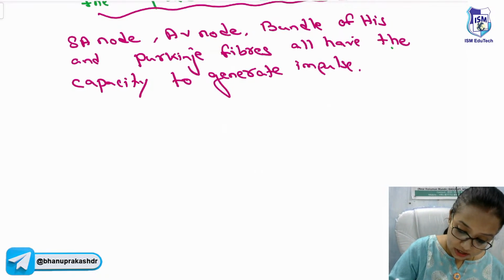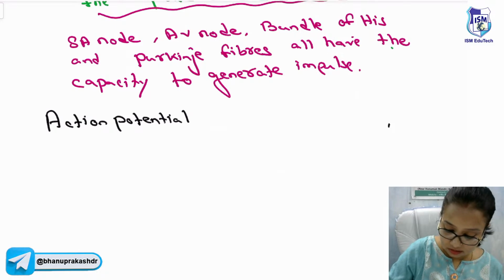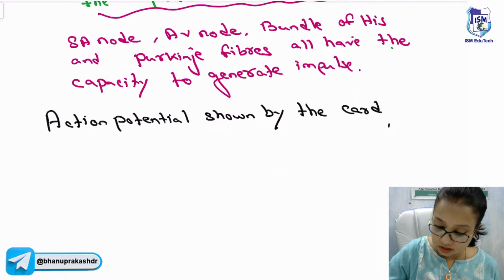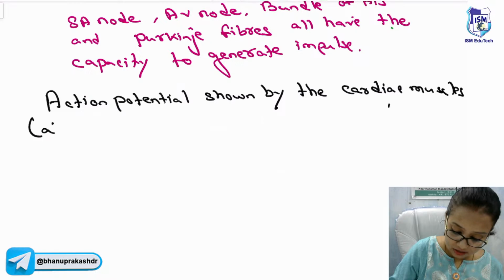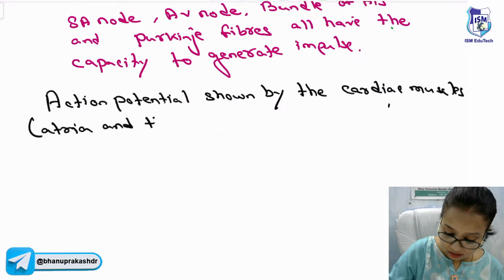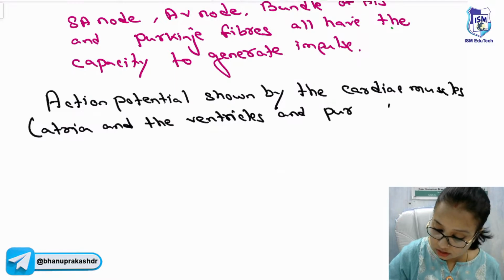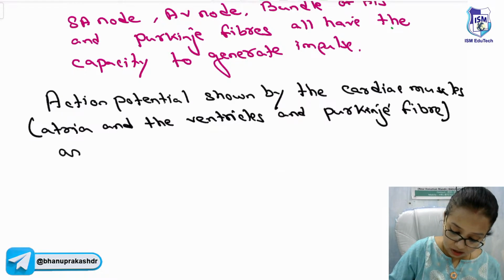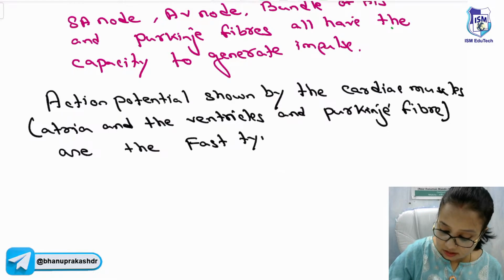Here, the action potential shown by the cardiac muscles, that is the atria and the ventricles, and also the Purkinje fiber, okay, are the fast type.